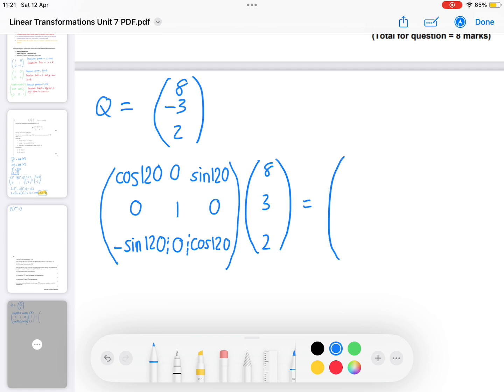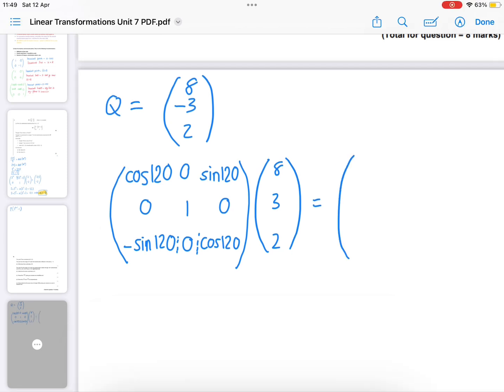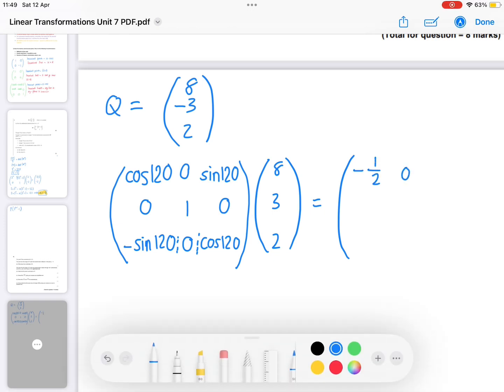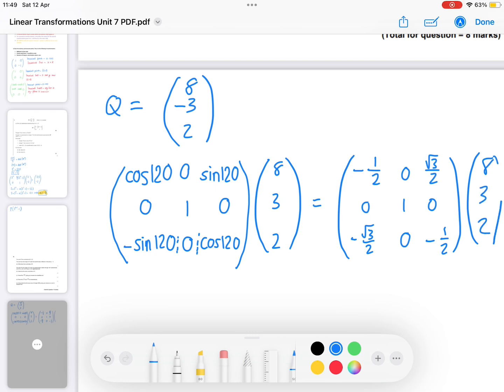And if we actually do that, we've got minus a half, 0, root 3 over 2, 0, 1, 0, minus root 3 over 2, 0, and minus a half, times (8, 3, 2).